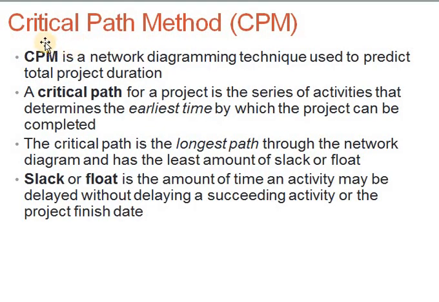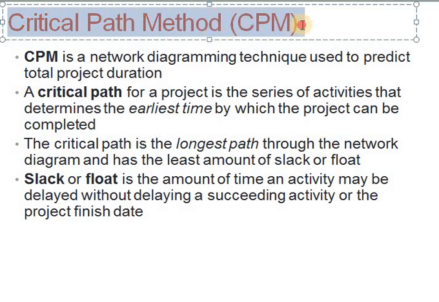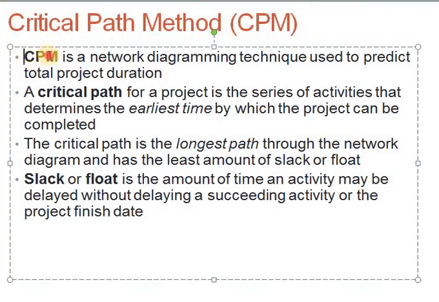Now we will see what the critical path method is, which is also represented by CPM. Critical path method is a network diagramming technique used to predict the total project duration.